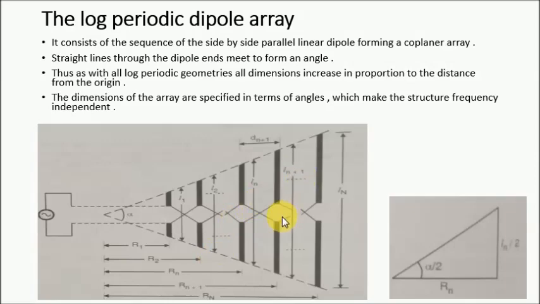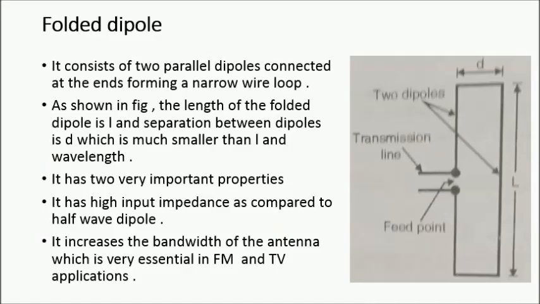And in general we can have L capital N divided by R capital N, and likewise we can have the scale factor. And because of the scale factor, this log periodic dipole array has its own significance, that it has greater directivity, greater gain, and it is more sensitive if you use it as a receiver.